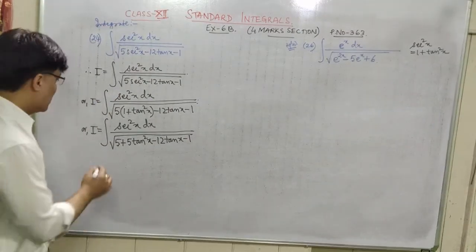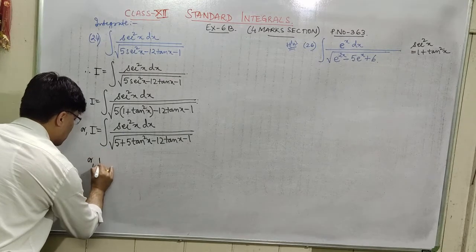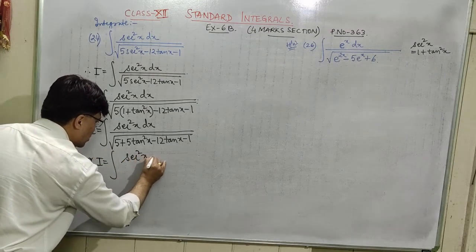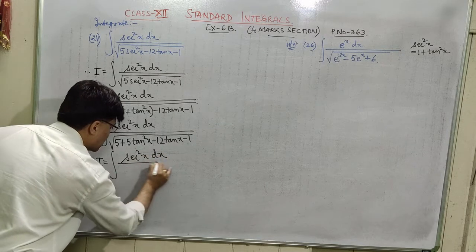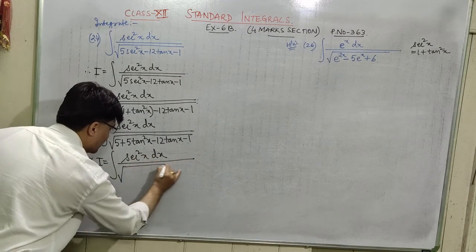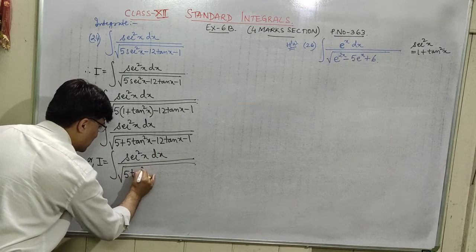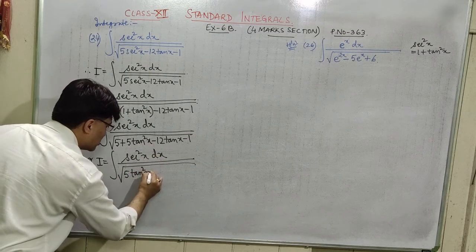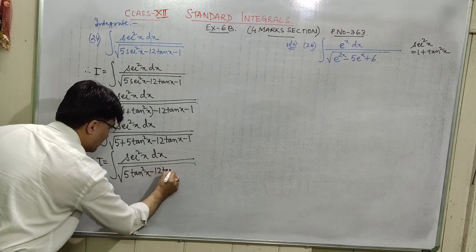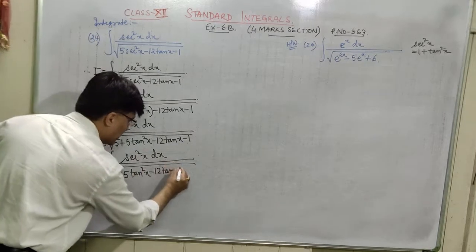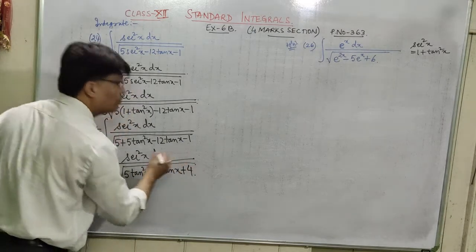Is that clear? Now let us keep the numerator sec square x dx as it is, divided by the root of 5 tan square x minus 12 tan x, then plus 5 minus 1. Plus 5 minus 1 is plus 4.